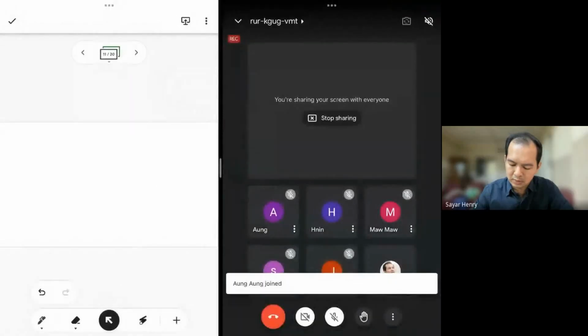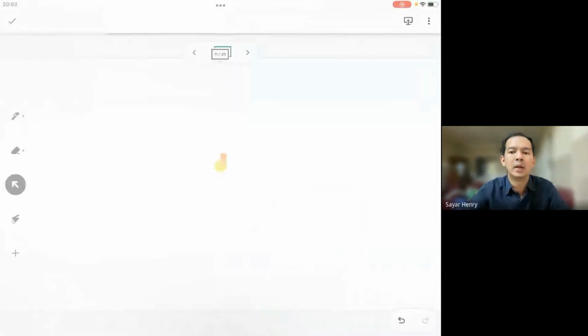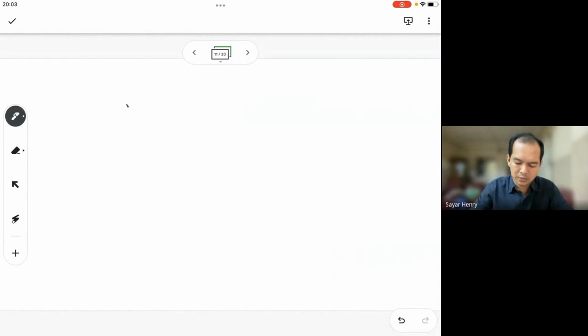Okay, so I'm going to start sharing my screen here. Now, what I want you to do is to think about the verbs, especially action verbs. So these are verbs to do, right?